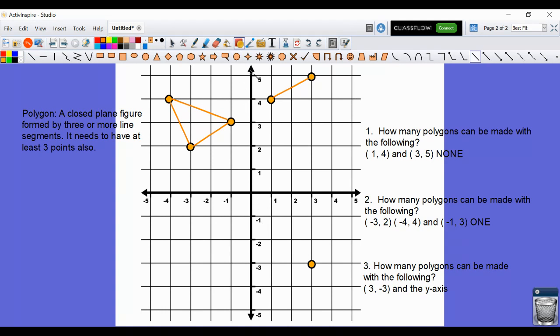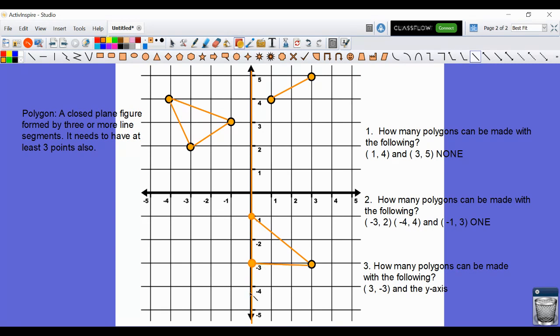So we could use anything along this y-axis. How many different polygons could we make? Well, look at all these different points we could use. So we could essentially have a point here and here, and we could create a polygon by connecting our line segments.